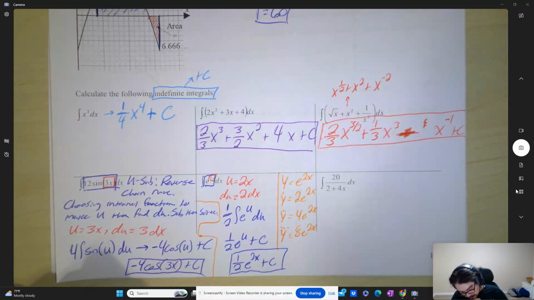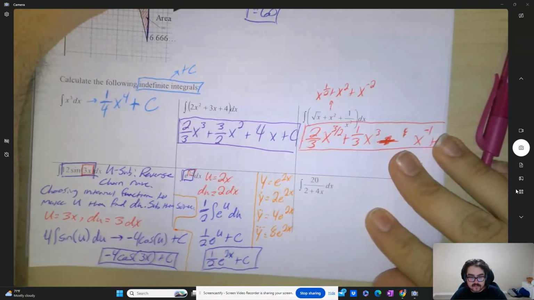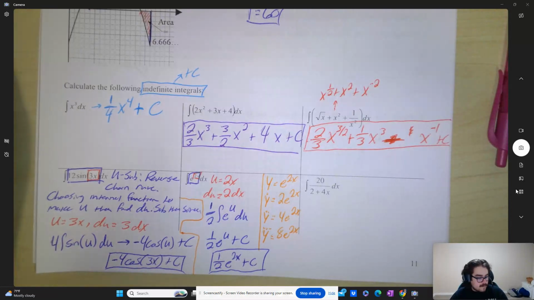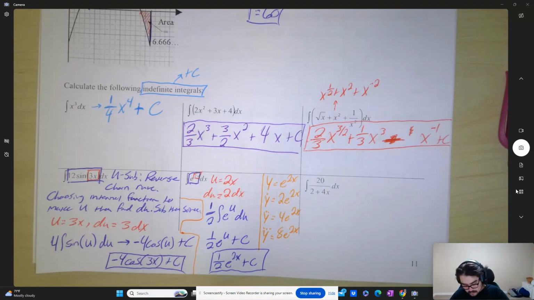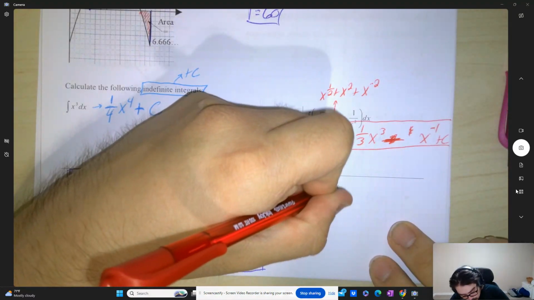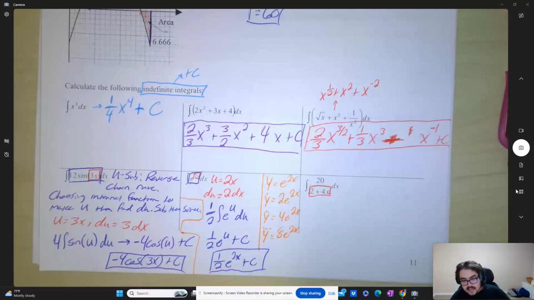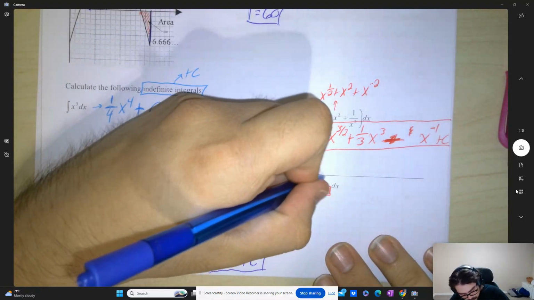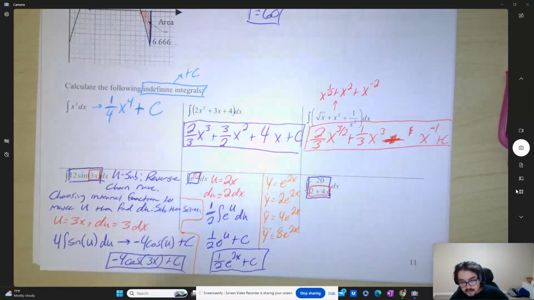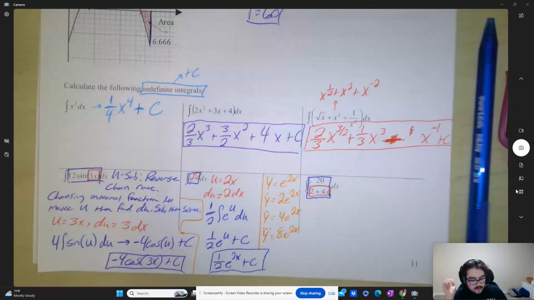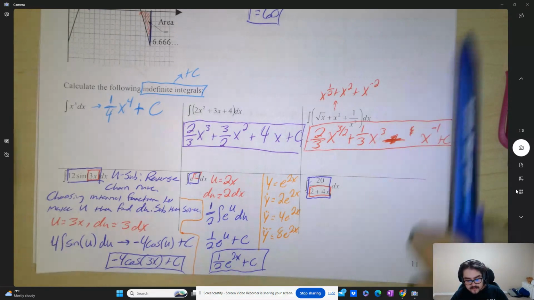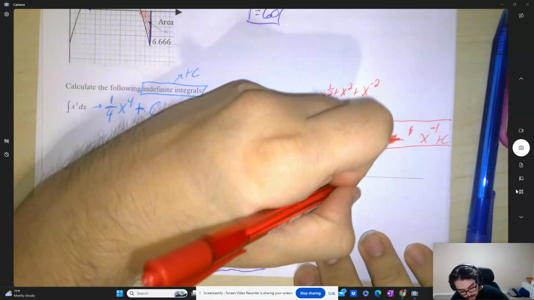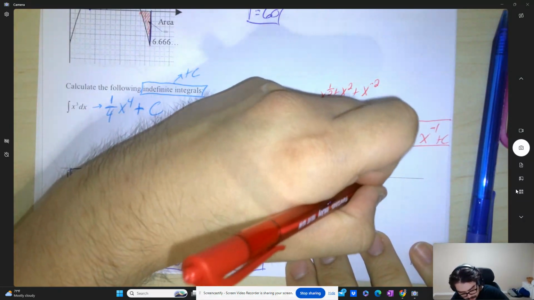This last problem right here, again, you can use u substitution to solve. I'm going to regard the interior function as 2 plus 4x, and the exterior to be this whole thing. So I've defined u as being 2 plus 4x.